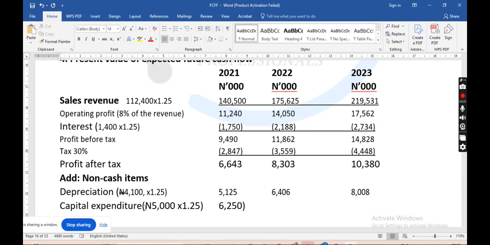That is an increase. It will reduce your cash flow. Is that not so? Next, what is the next increase? Increase 6,250. 7813. 7,813.